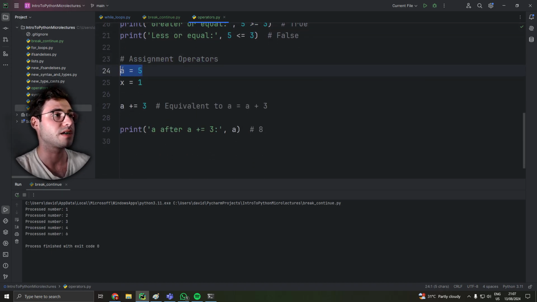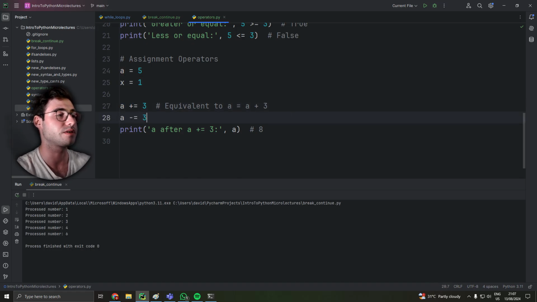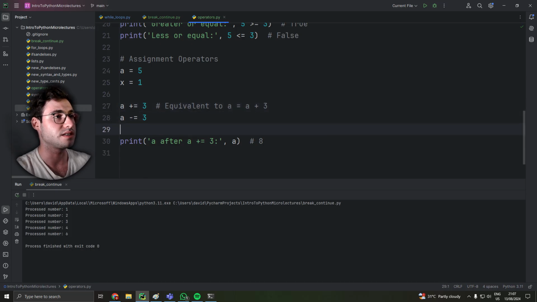Once again, keep in mind that we have the equal for the assignment operation, so a equals 5, x equals 1. This assigns x the value of 1, assigns a the value of 5. And then also, this is really important, if we use the plus equal sign or the minus equal sign for that matter, it's equivalent to taking the current value and adding that number to it.